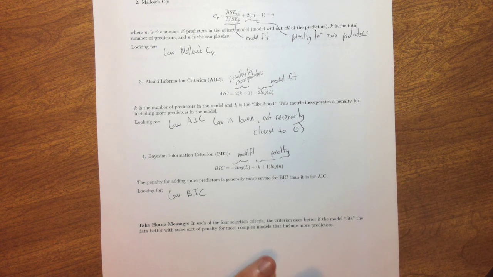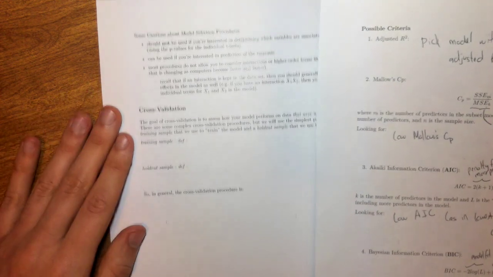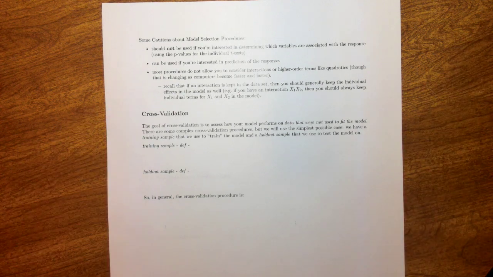And each of these adds a penalty for more complex models that include more predictors. Because remember, we don't really want a model with 1,000 predictors if 990 of those predictors aren't really that useful. And in the next video, we'll get into cross-validation.